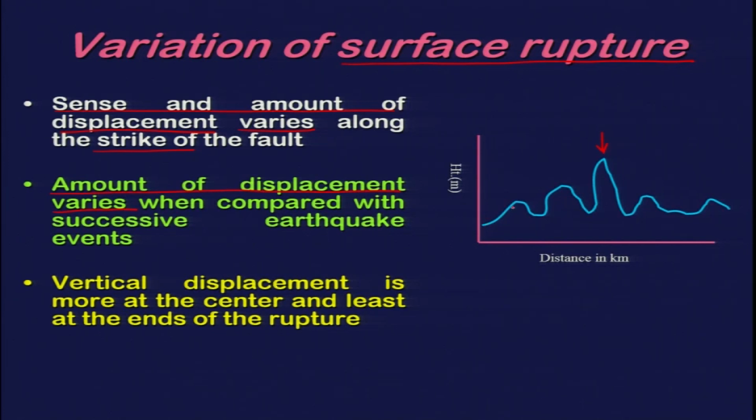What has usually been observed is that the maximum displacement will be in the area where the maximum energy was released at the time of the earthquake. There, the amount of displacement will be comparatively larger in the center, and it reduces or becomes least on either side.